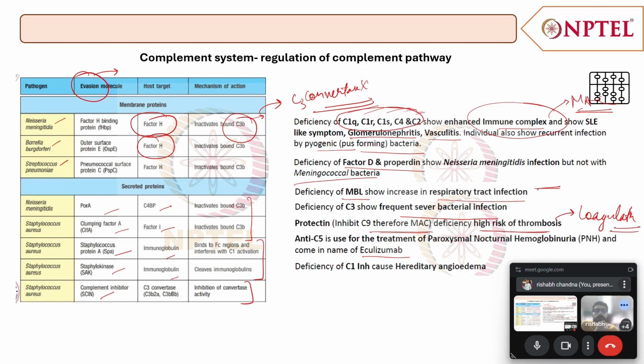Then deficiency of C1 INH causes hereditary angioedema. So these are the diseases that are caused by either the deficiency or the increase in formation, or by bacterial infections. Okay, any doubts still from the regulation of the complement system?